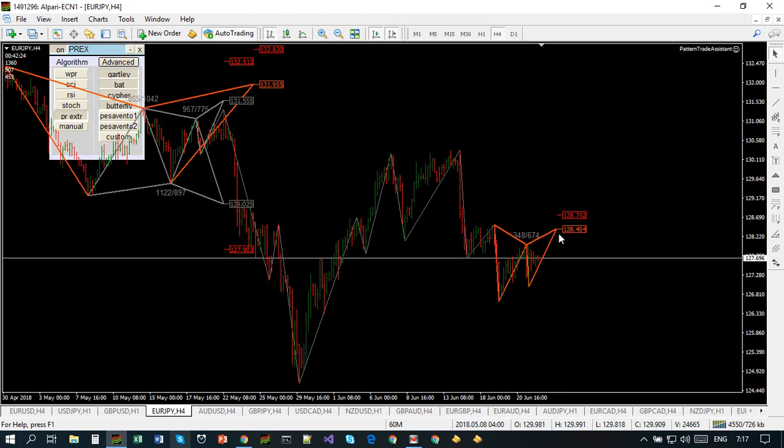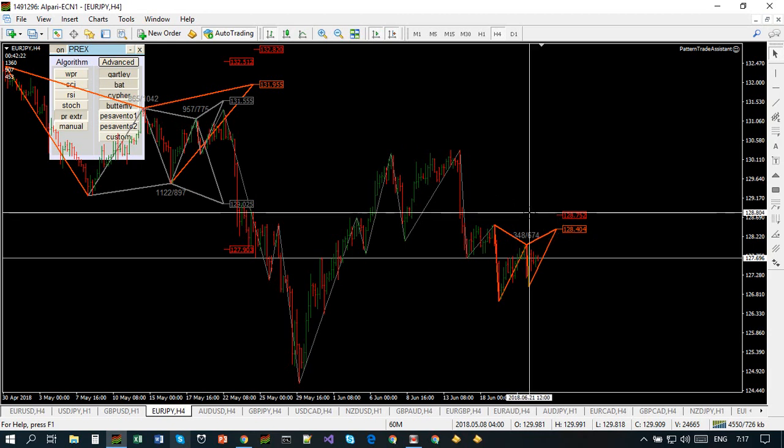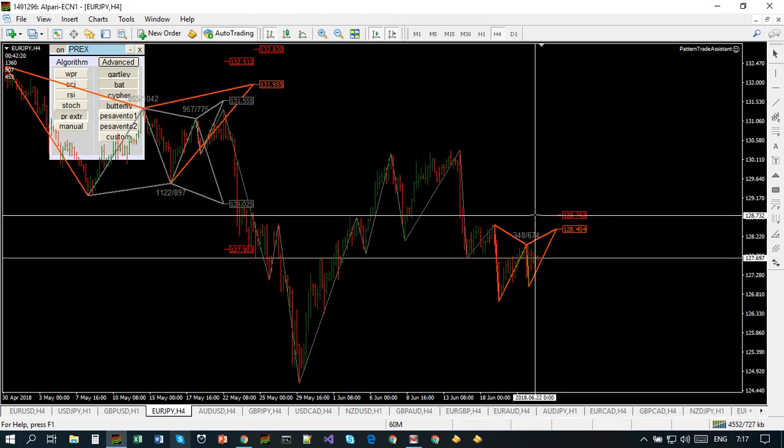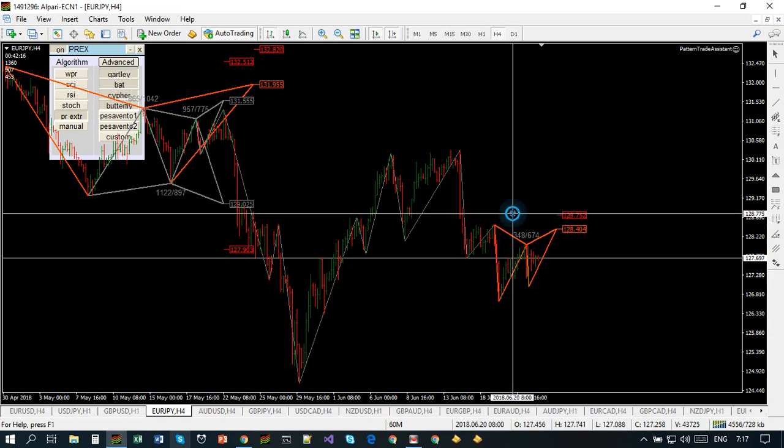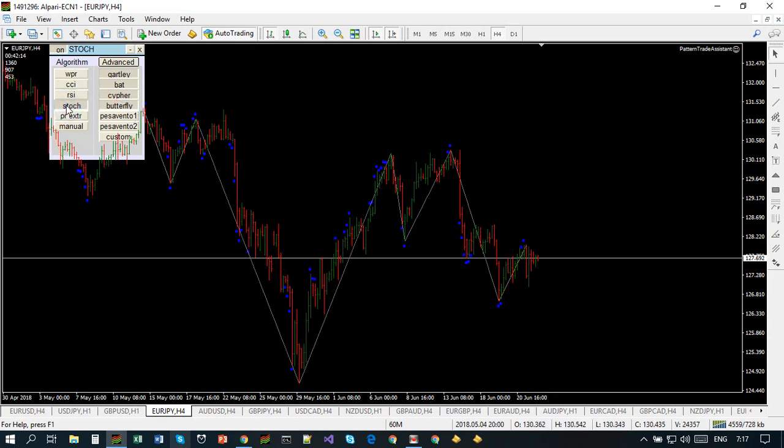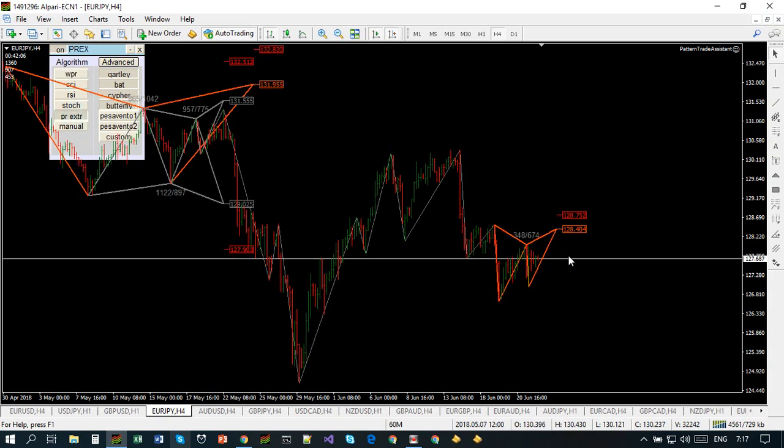So what we have is an advanced pattern Gartley. You see the stop loss became much closer to the structure level. It's not seen by other algorithms, stochastic, RSI, commodity channel index, volume percentage, so it is not an obvious pattern. I would stay away from this pattern.